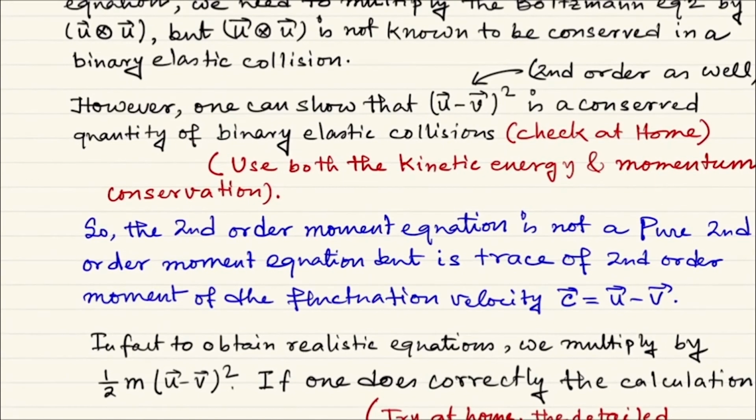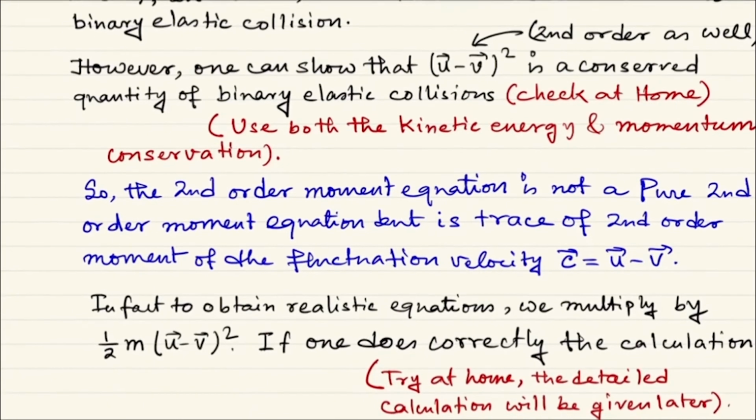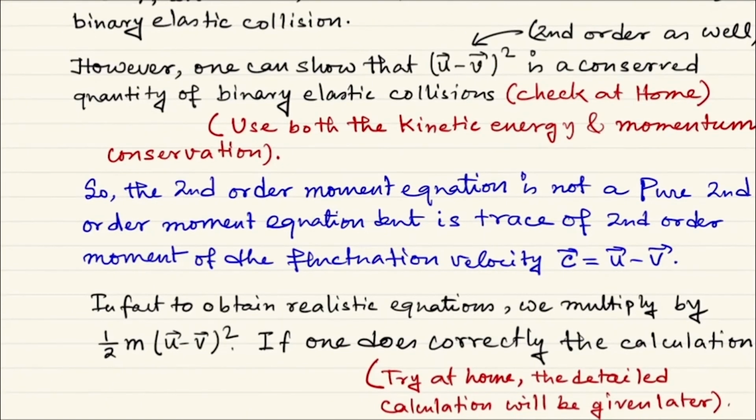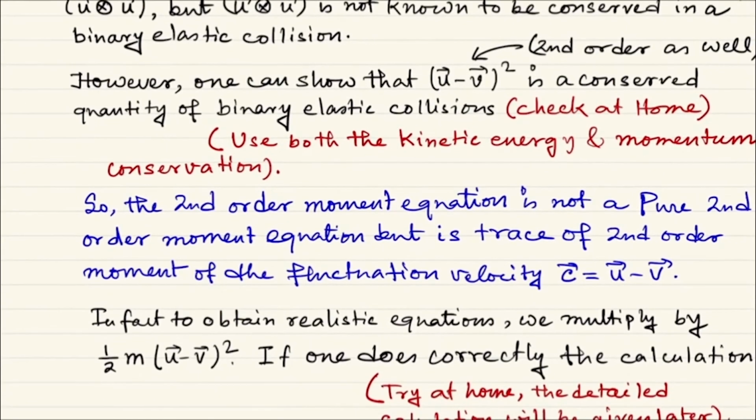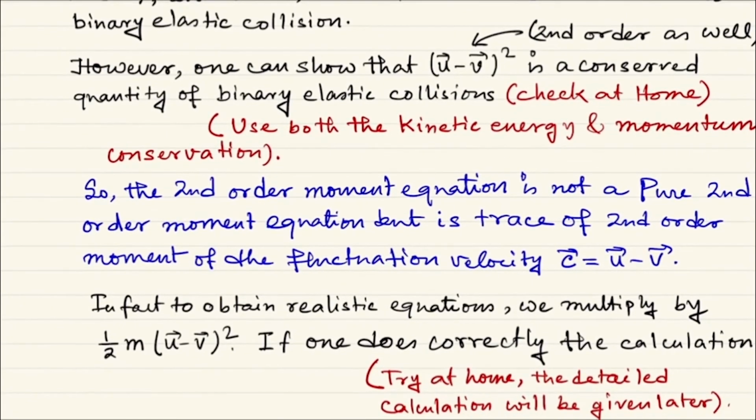Now, in fact, to obtain realistic equations, that is something very important, we multiply by half m times (u minus v) whole square, because if we recover something which we already know, we feel happy, right?